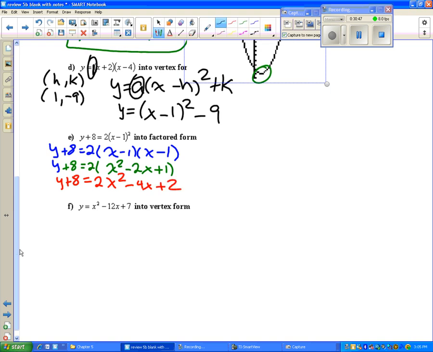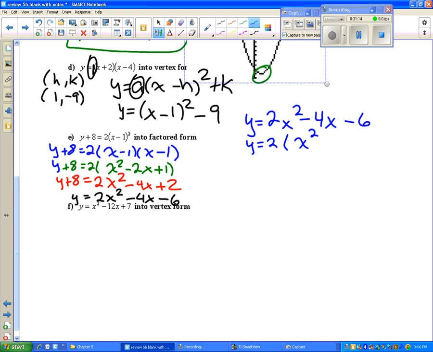Subtract 8 from both sides. I'm going to get y is equal to 2x squared minus 4x. If I subtract 8, I'm going to get negative 6. Now I need to factor. So now I'm going to take this new equation, y is equal to 2x squared minus 4x minus 6. I'm going to take out my greatest common factor of 2 and get x squared minus 2x minus 3.